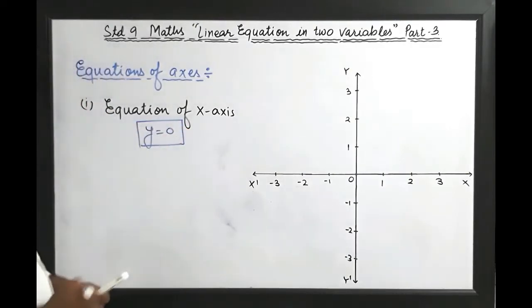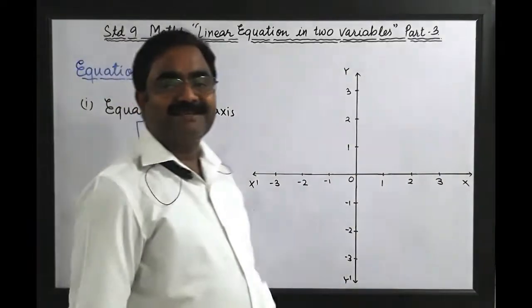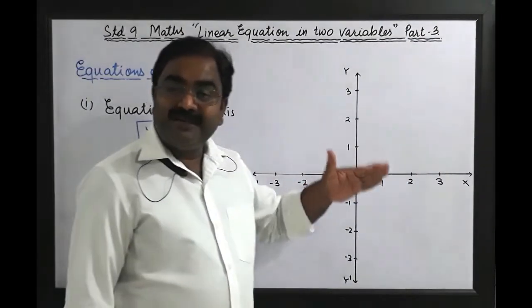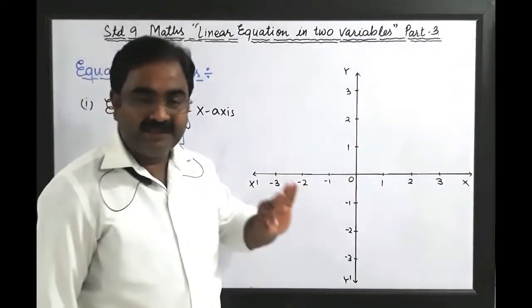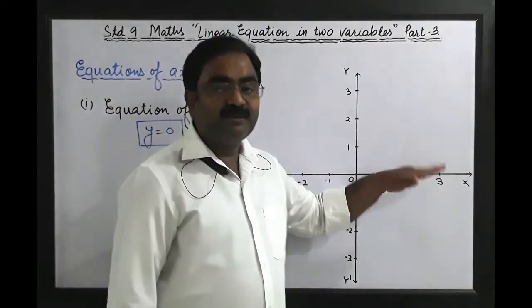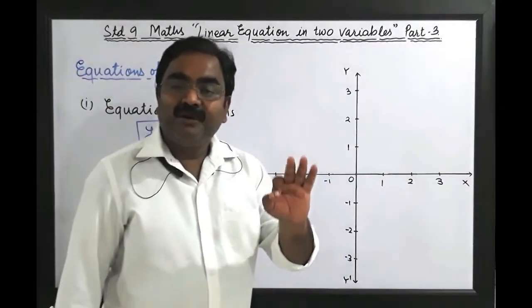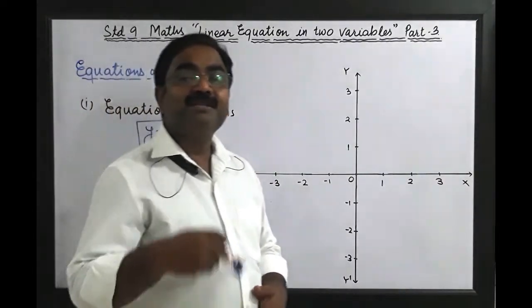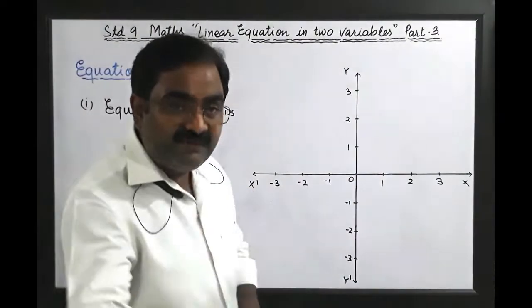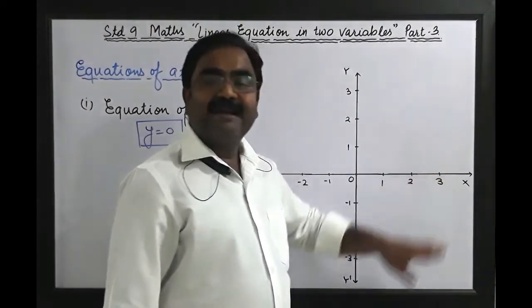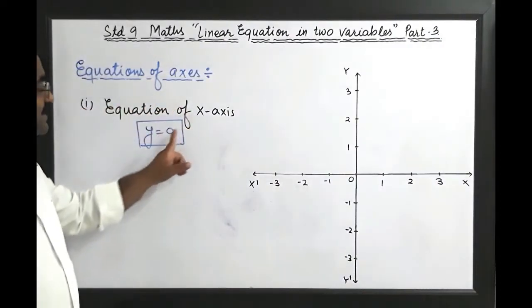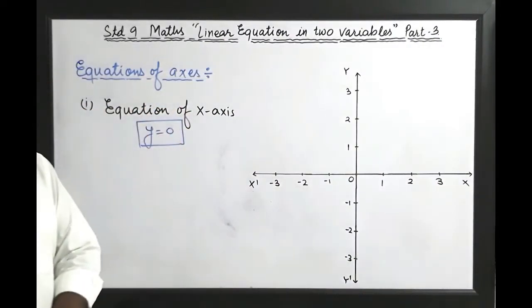The reason is, when you take the coordinates of any point on x axis, the ordinate value, meaning the value of the y coordinate, is always 0. So the value of y is always 0 on this x axis. That's why the equation of this x axis is y equals to 0.